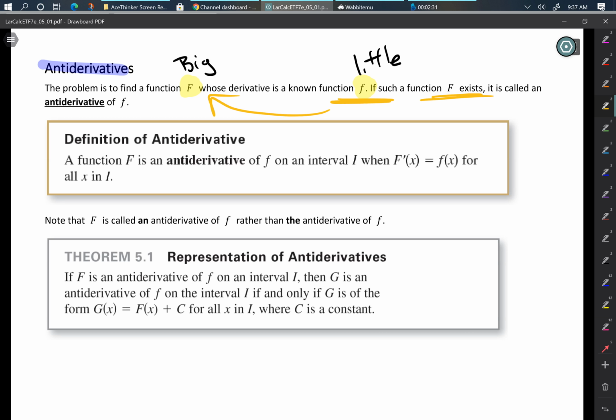But there was nothing we ran into where here's a function and you said, I can't find a derivative. Right? But that is possible when it comes to antiderivatives. It is possible that a big F will not exist, or that a little f might not have an antiderivative.